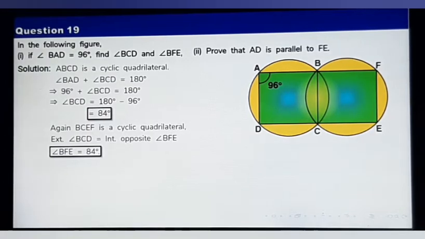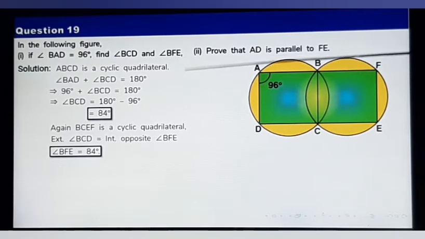All right, now let us move on to the next case, that is AD is parallel to FE, that is, this and this are parallel. So that's what we need to prove. In order to prove that, let us assume these two are parallel, then this line AF acts like a transversal, right?